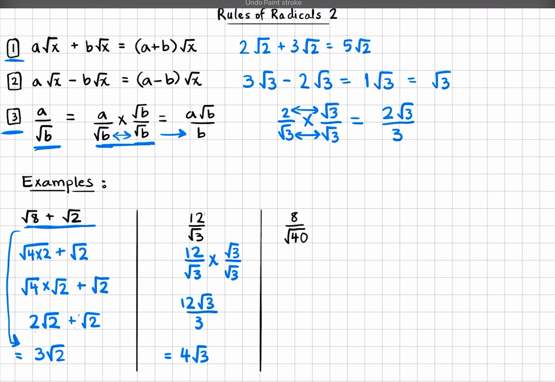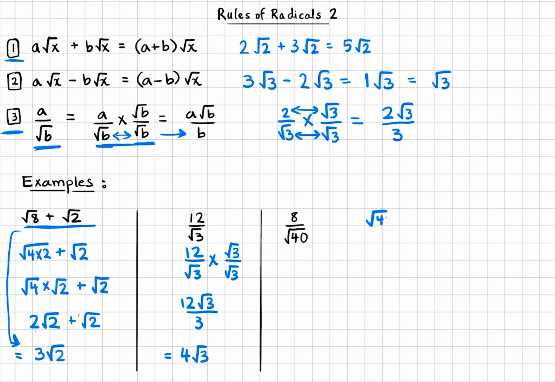And the way I'm going to do that is I'm going to say, well, square root 40 is actually square root 4 multiplied by 10. Is that not true? Which means that it is also square root 4 multiplied by square root 10. And square root 4 is 2. So square root 40 is actually 2 square root of 10, which is a much simpler number.